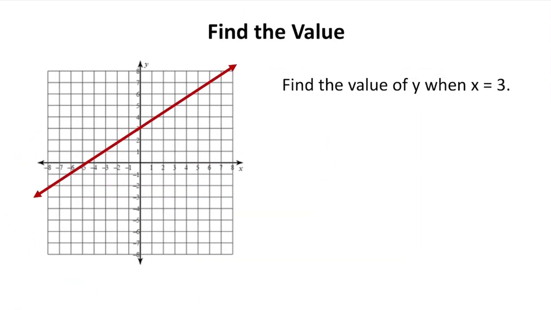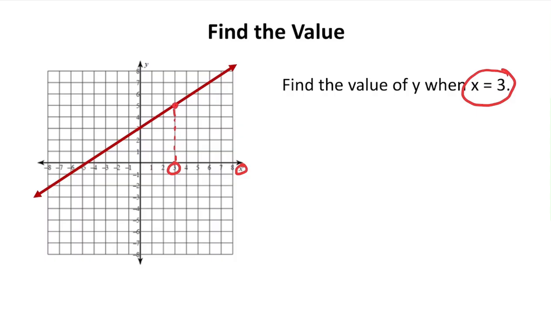Okay, now this one, we're doing the same thing from a graph, and you've already been doing this, so you should know how to do it, okay? It's the same process. When x is 3, go to the x-axis, okay, and find 3. Once you find that, go up or down. Sometimes it can be down here, but not on this one. We're going up.